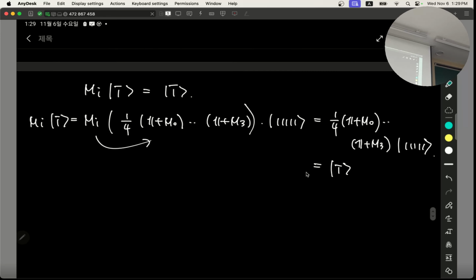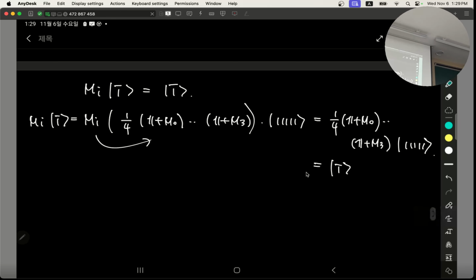So anyway, how do you change your logical 0 to logical 1? If you apply the X gate on every one of the 5 qubits in your logical qubit, then you get 1, right? Think about it this way.